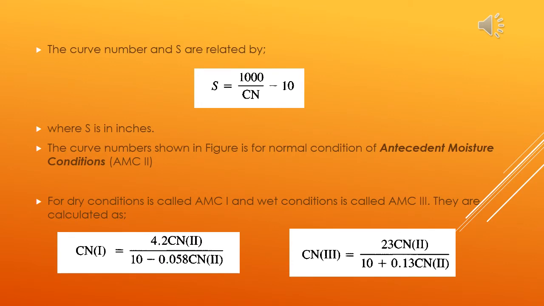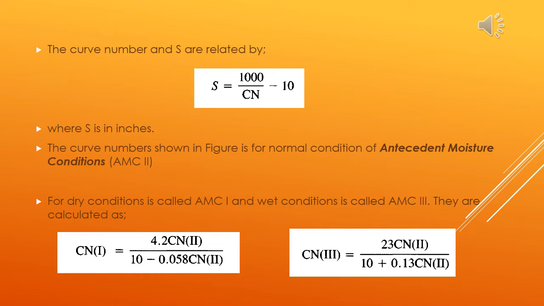When we use these curve numbers and we try to find the potential maximum retention, we can just manipulate the previous equation. So S is equal to 1000 over curve number minus 10.